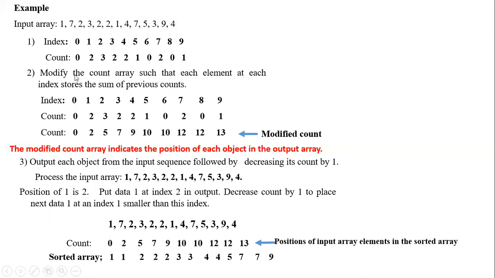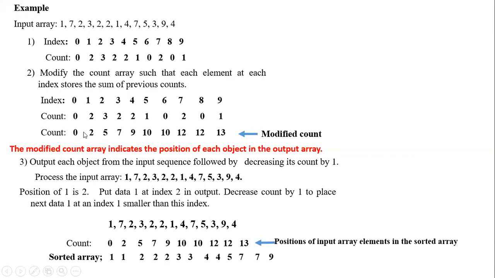According to the first implementation, we have to modify the count array such that each element at each index stores the sum of the previous counts. This is the modified count array.